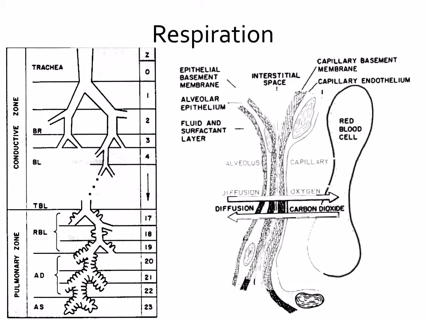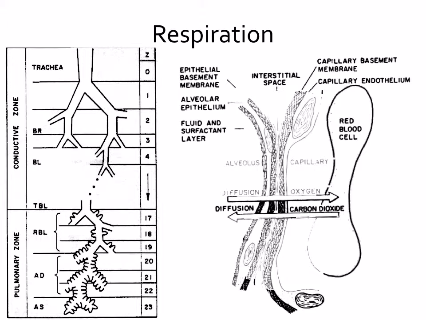In this diagram, we see a schematic of the branching of the trachea going from the windpipe through the first branch, which is the conductive zone, down into the region where air exchange happens below the 17th branching.